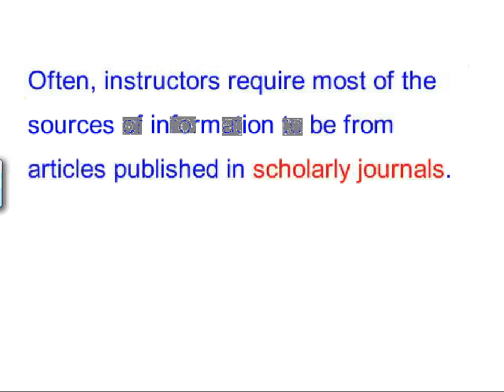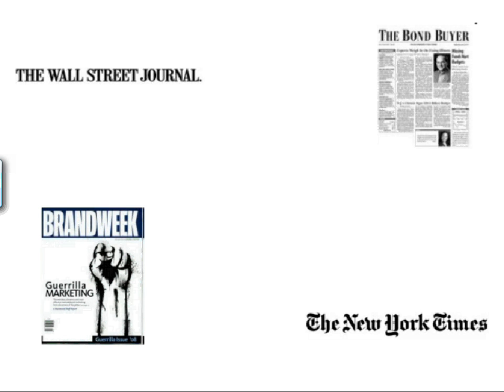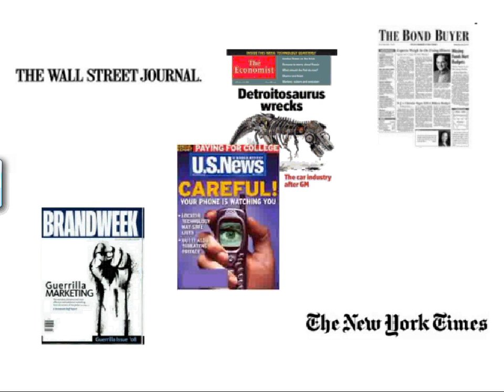Often, instructors require most of the sources of information to be from articles published in scholarly journals. Newspapers, trade journals, and magazines contain current and valuable information and can often be used as sources of information for your projects. However, they are not considered scholarly journals.